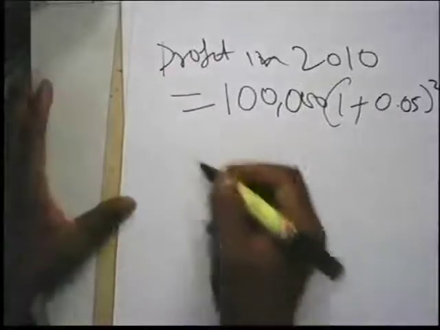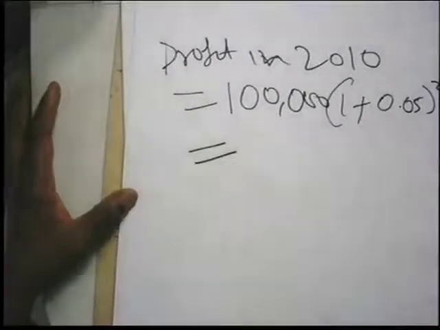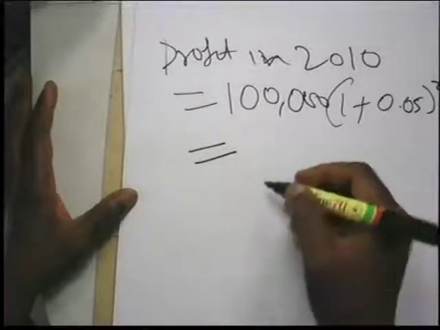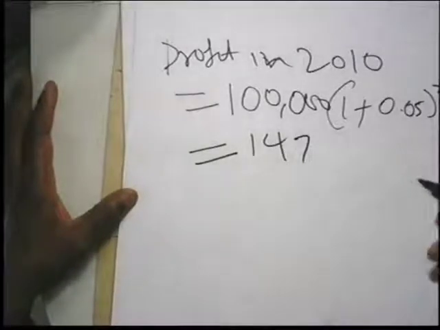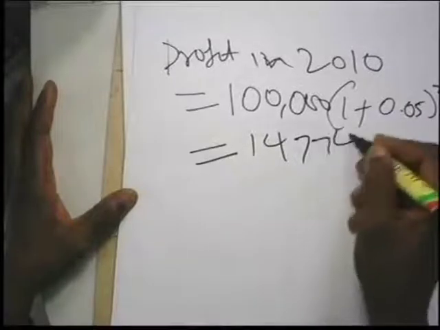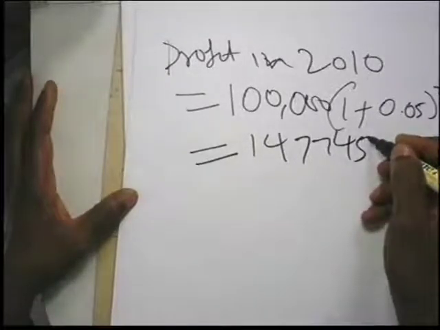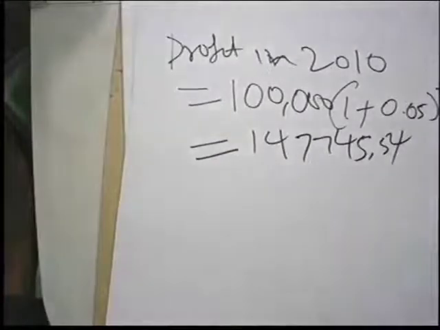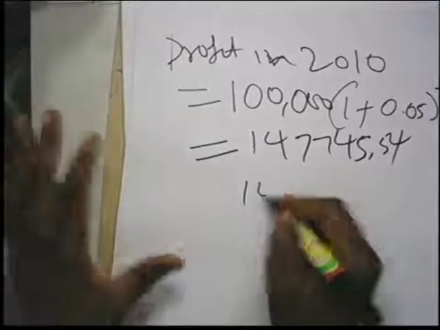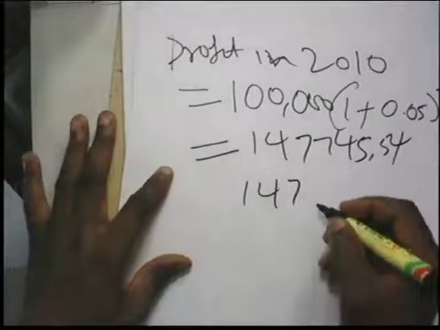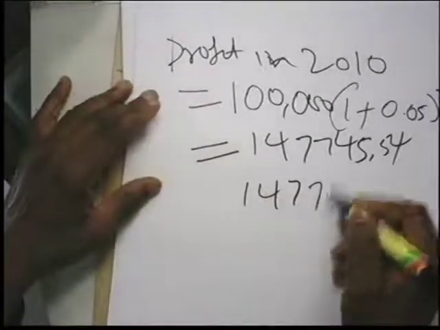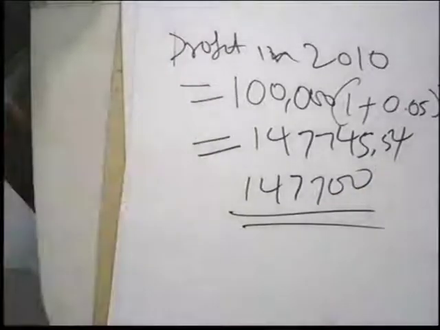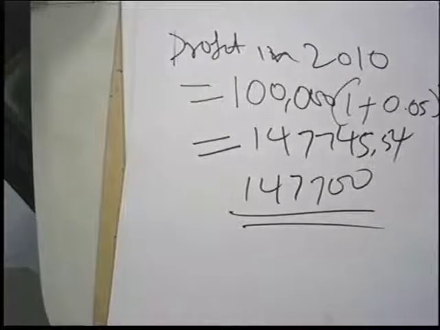From there, when you solve this one out, the answer will be 147,745.54. But I said to the nearest 100, so it will be 147,700. Don't forget we have done our estimate when we were doing mathematics 1 and 2. So these are examples of what we are saying.